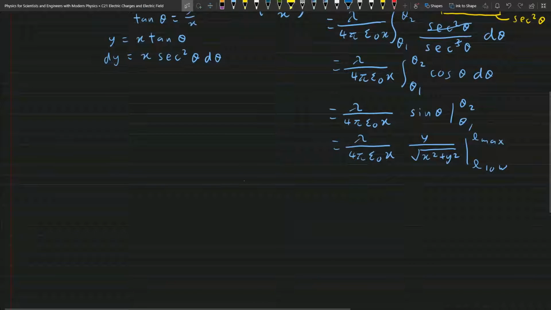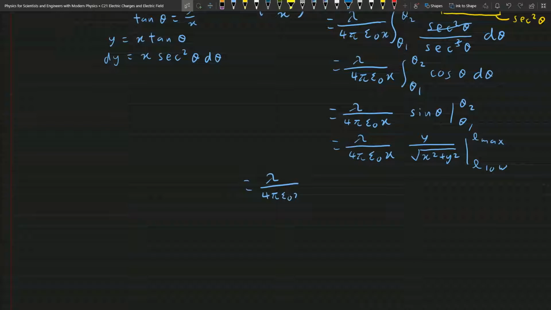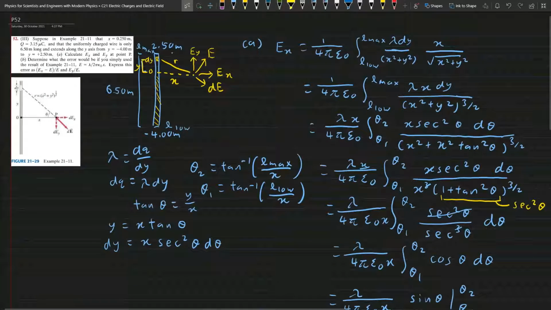Now from here we will get lambda over 4 pi epsilon x times y over the square root of x squared plus y squared, and actually this L max just equals 2.50 meter.